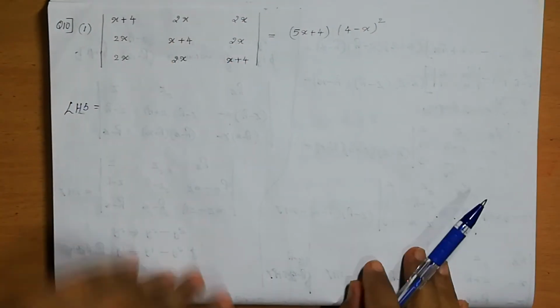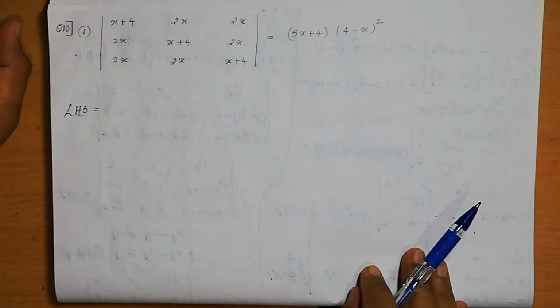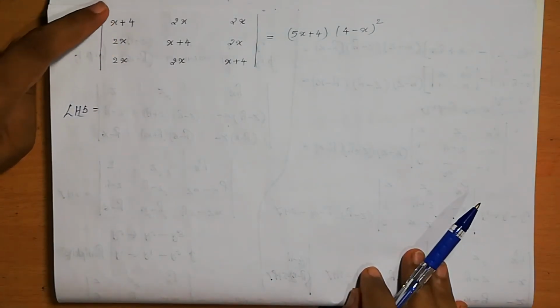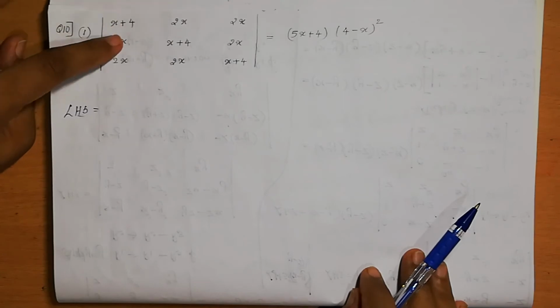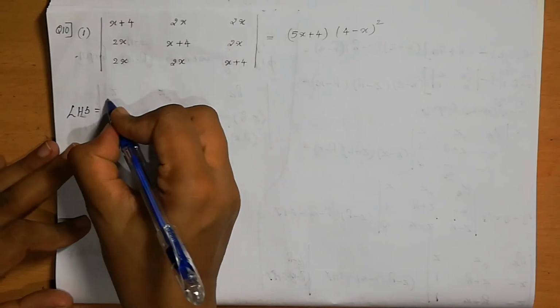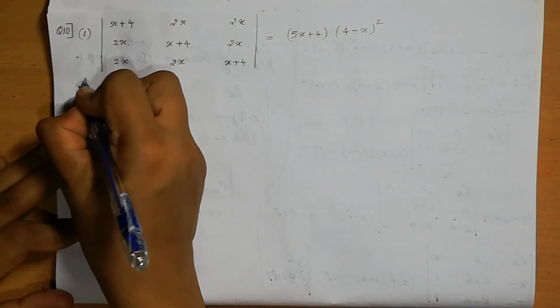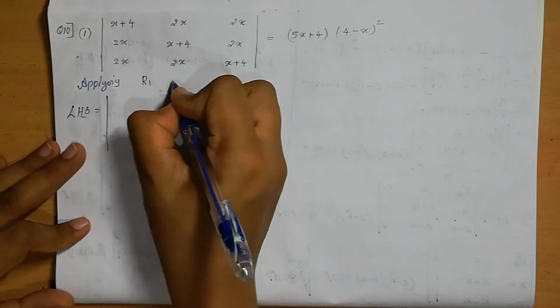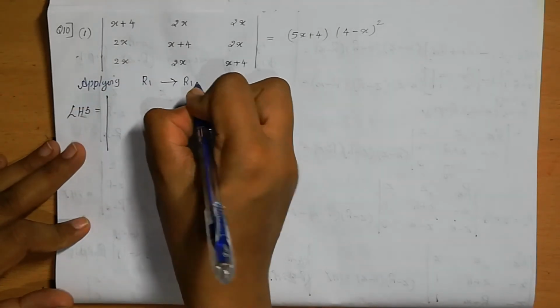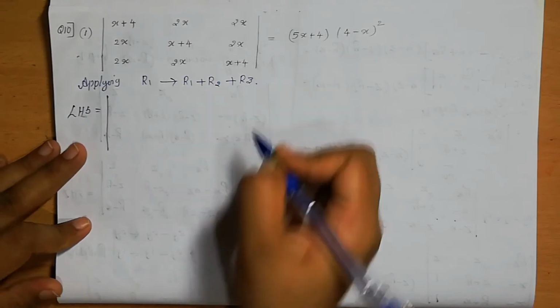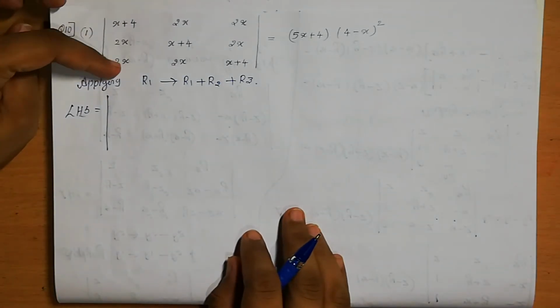So how can we apply the change? R1 changing to R1 plus R2 plus R3 we can apply. That is the first change we are applying. R1 changing to R1 plus R2 plus R3.